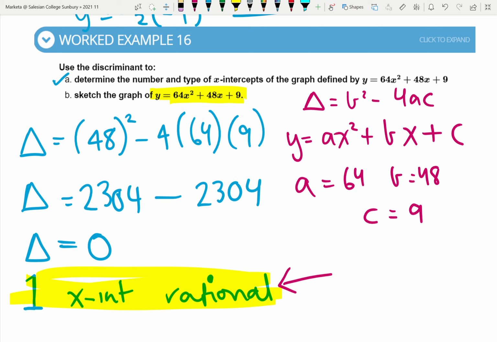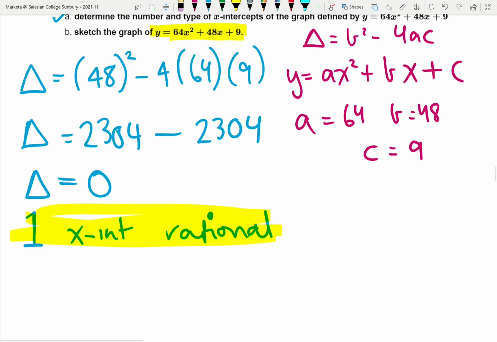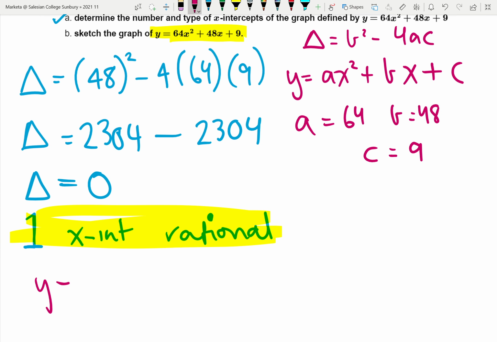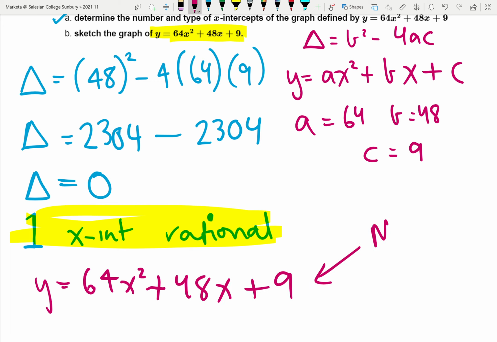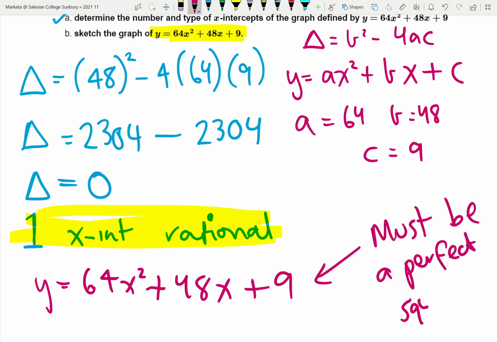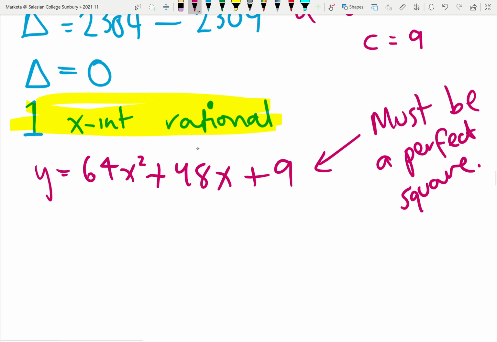So y equals 64x squared plus 48x plus 9, and this must be a perfect square. If you have one solution, it means that it's a perfect square. So in that case, that means this is a squared plus 2ab plus b squared.